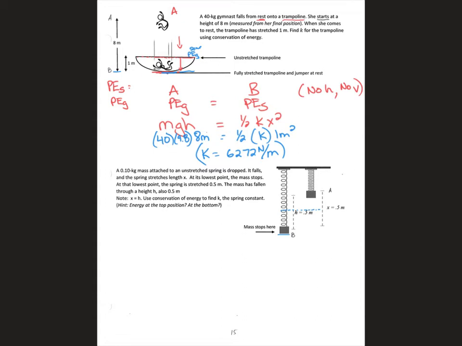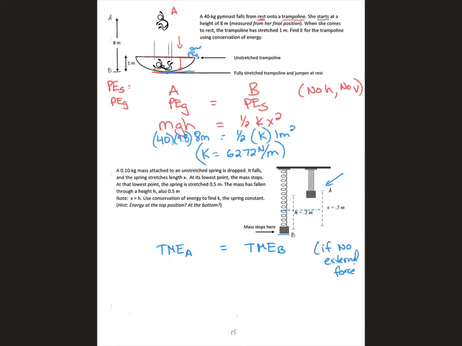What kind of energy do you have at position A? You basically know that the total mechanical energy at position A has to be equal to the total mechanical energy at position B if there are no external forces.